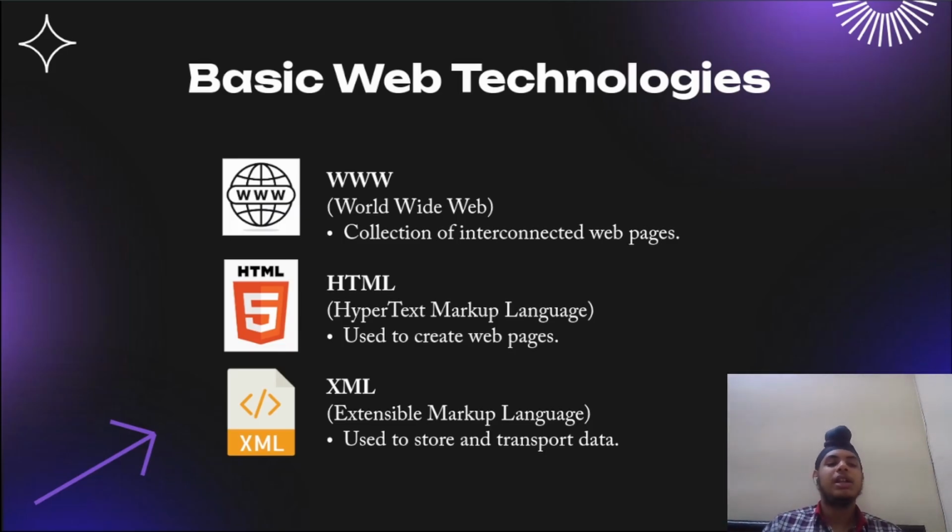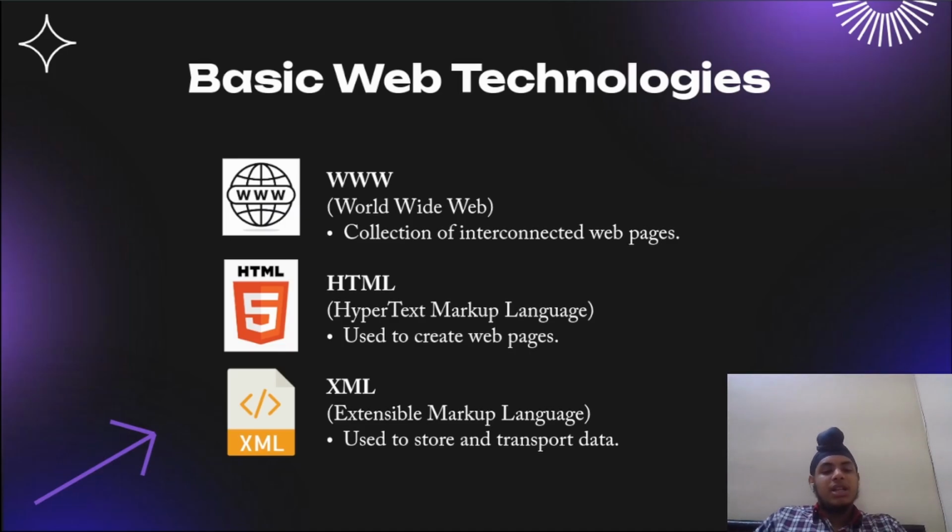It is a collection of interconnected web pages, the websites we surf on Google in the browser. When we type something, we get lists of websites. When we click on one, that's all controlled under the World Wide Web. This is the collection of all the web pages. Even Google.com is part of the World Wide Web, which is www.google.com.